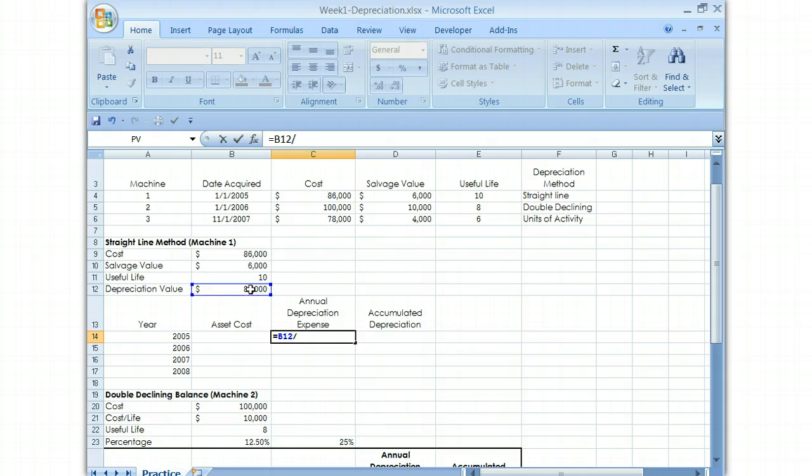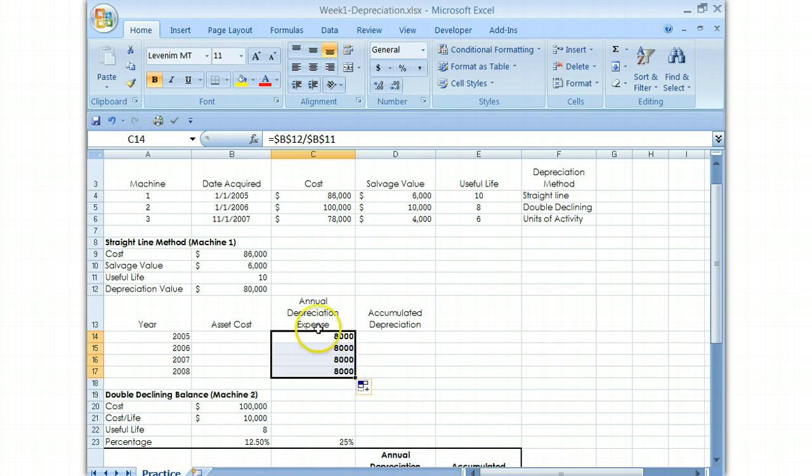So we're going to take our depreciable cost and divide by our useful life. And in this case, just to be able to calculate this correctly in Excel, since we're going to want to be able to drag this down, we need to make both of these absolute references. And if we make both of these absolute references, then we can copy this formula down to these other 4 cells.